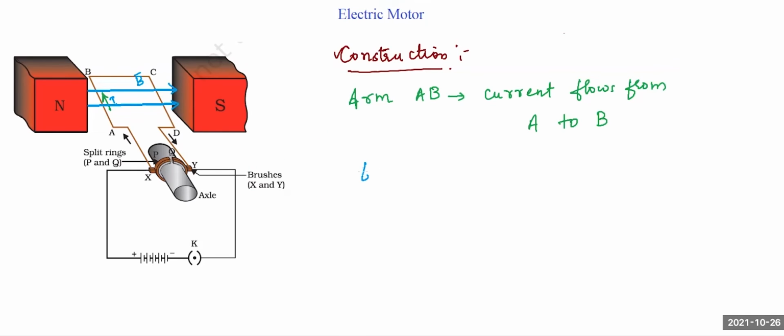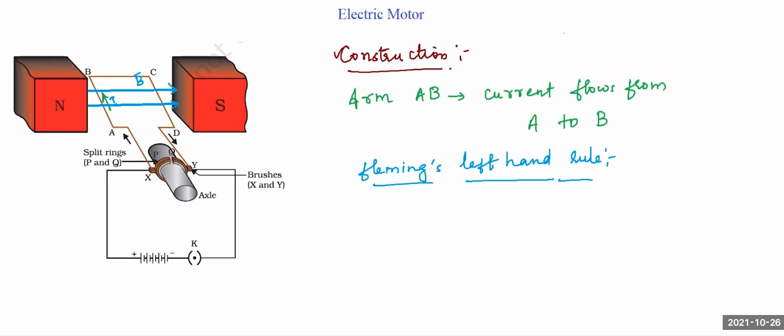Now by using Fleming's left-hand rule, we can find out the direction in which the conductor AB will experience force.